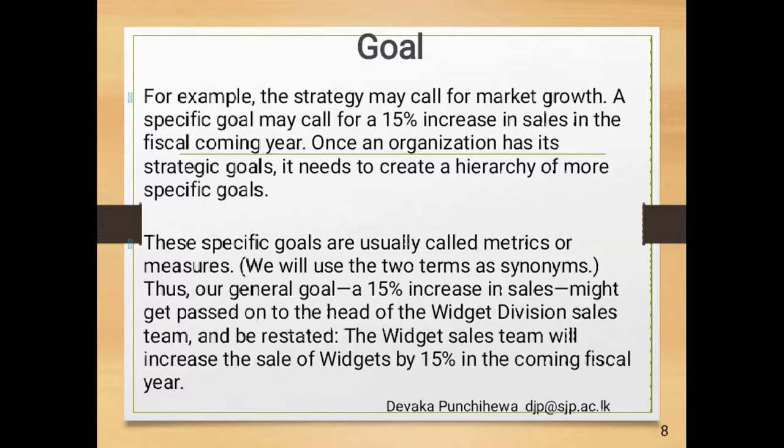They want to grow their market, so they convert that into a specific goal that calls for a 15% increase in sales for the coming fiscal year. Once an organization has its strategic goals, it needs a hierarchy of more specific goals.